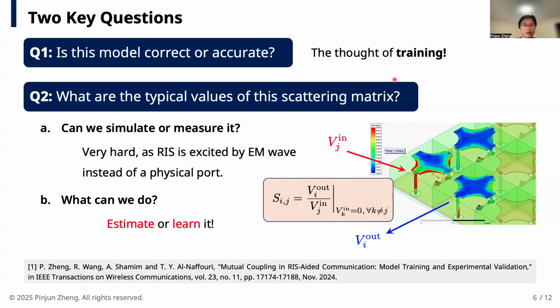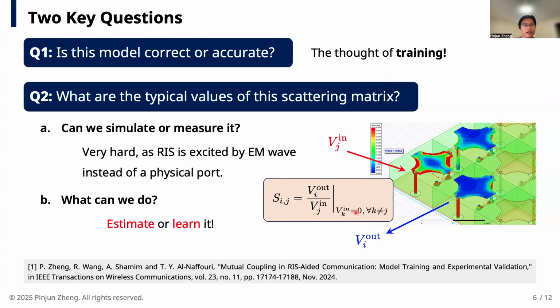And most importantly, in this process, we have to make sure all the other elements have zero input. But this is impossible in real measurement because we cannot isolate the EM waves in space to only activate a single RIS element, right? Even in a full-wave simulation, it would be very hard. So in this situation, what we can do is to estimate or learn it from what we can observe.